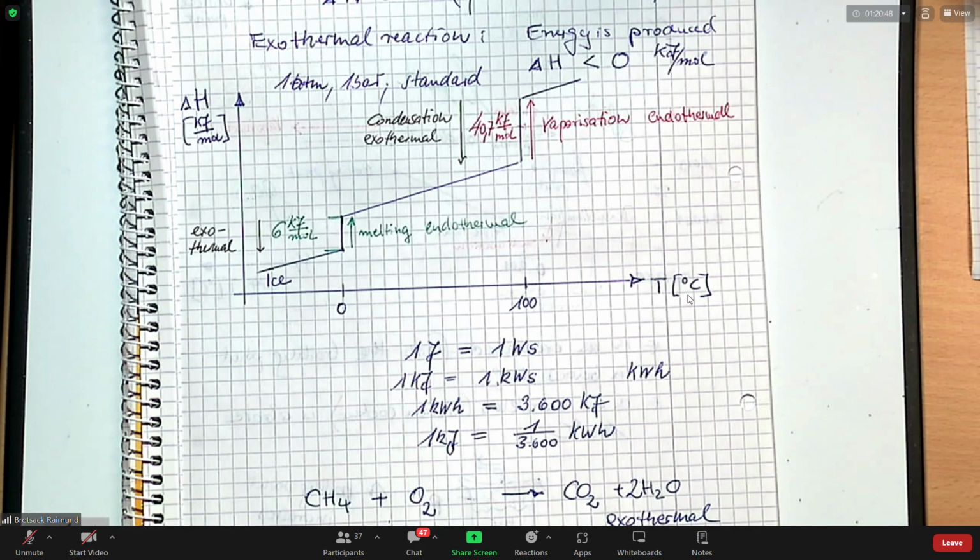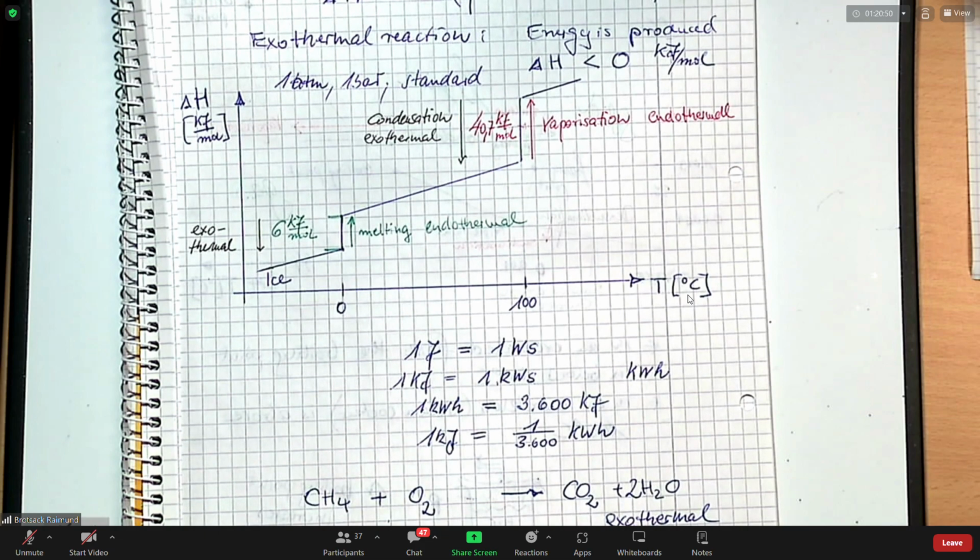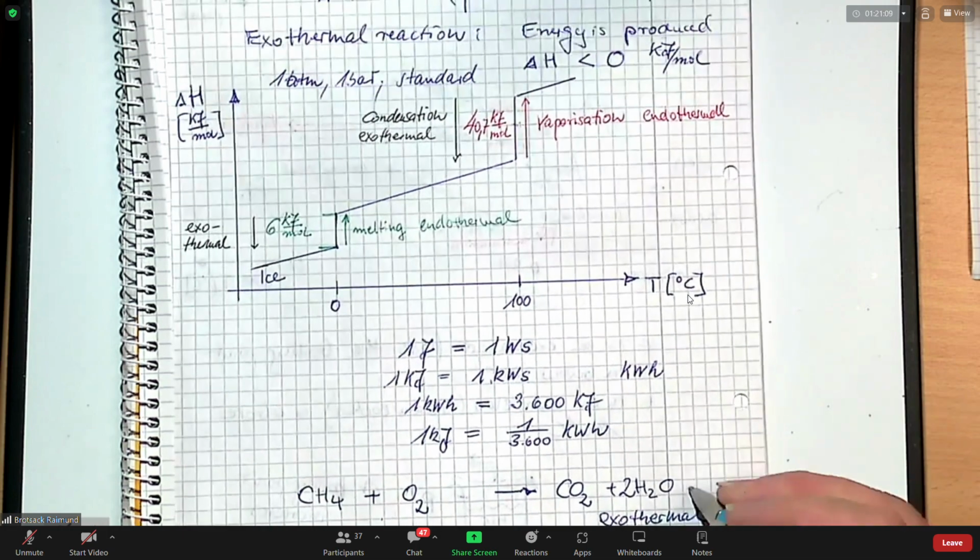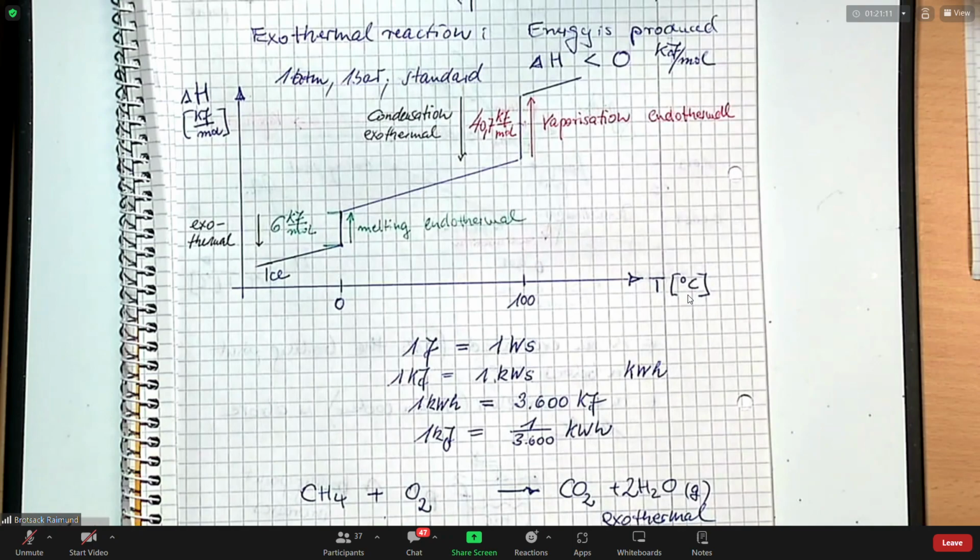So this is an exothermal process. Normally, the temperature level when we ignite methane gas is above 1000 degrees Celsius. What are you expecting of the phase of the water at that temperature level? Steam. So the water is gaseous. Now, when we have a chimney, we have to check that the water, of course, should not condensate in the chimney.